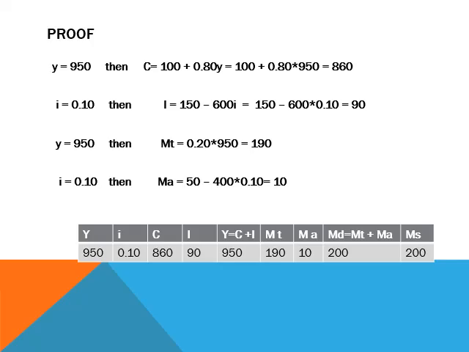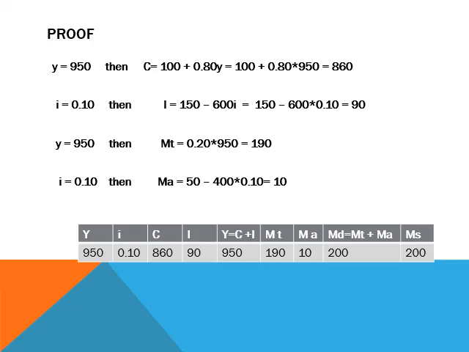Income equal to 950 should create the status of equilibrium in the two markets only with the combination of the interest rate which equals 0.10. So other factors remain constant.